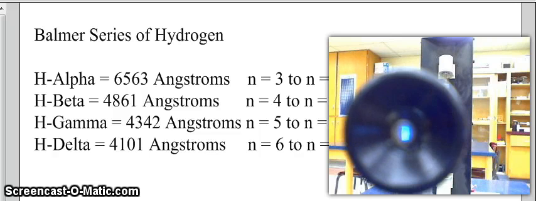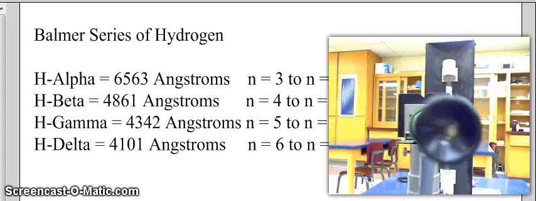There's the beta line, and the transition corresponds to n equals 4 to n equals 2 quantum states in the atom. And remember, this is an emission line spectrum. The electricity in this device is exciting the hydrogen atoms in the gas, and then they go from the excited state down to this lower excited state to give these visible photons we can see.